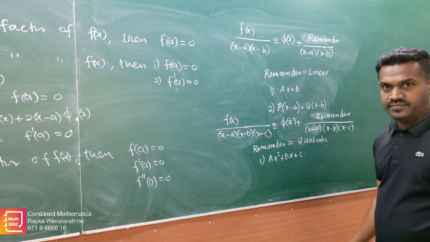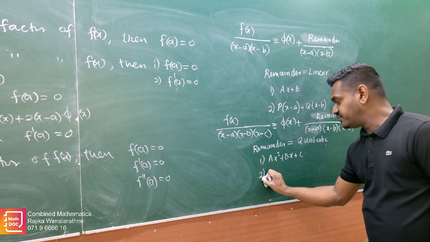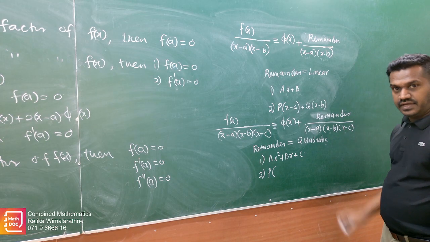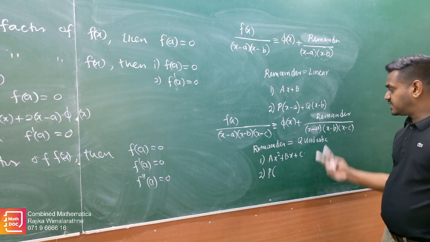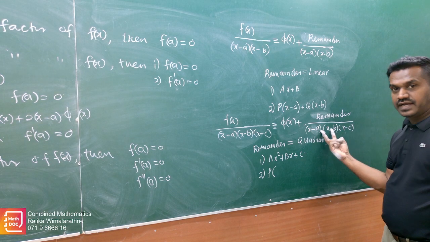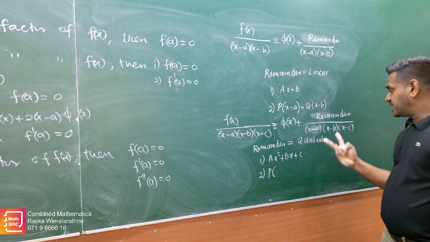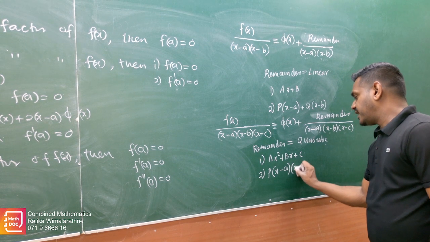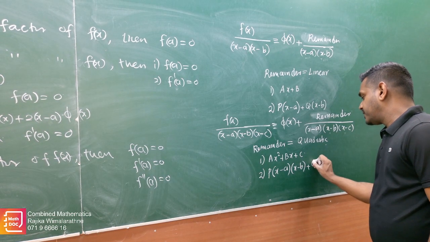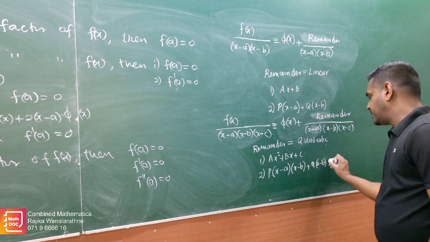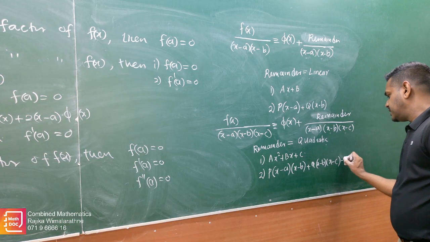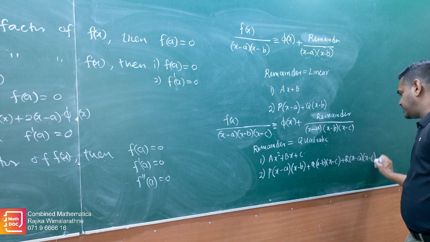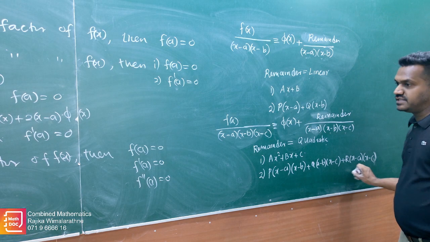Or otherwise, this is important, you can write it in terms of these three factors. Combine two factors at a time: p into (x minus a)(x minus b), q into (x minus b)(x minus c), r into (x minus a)(x minus c). We better write this.